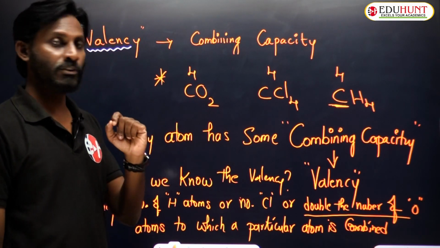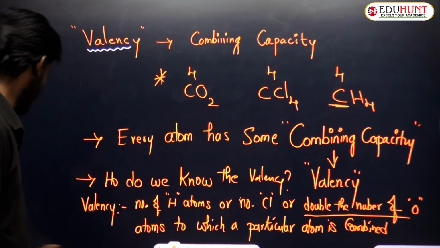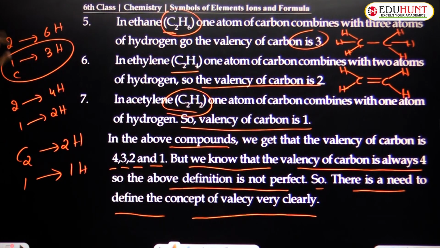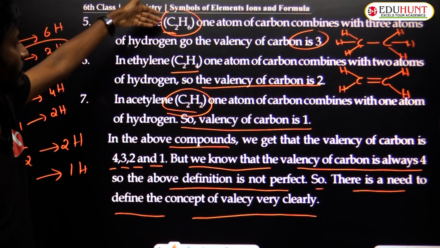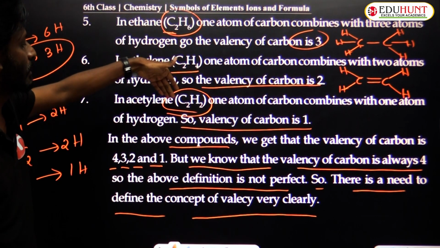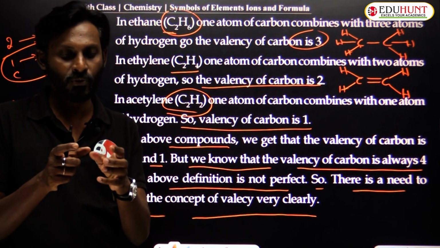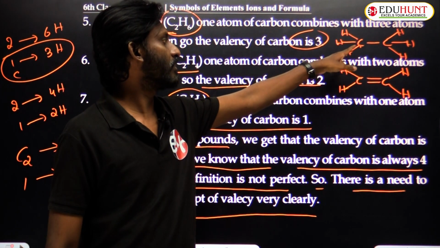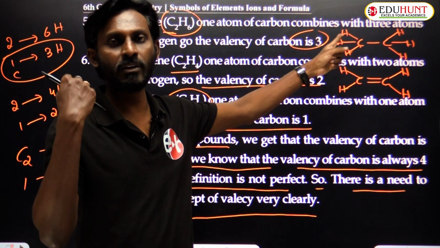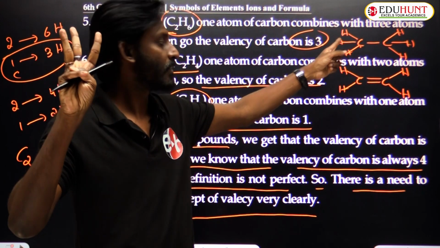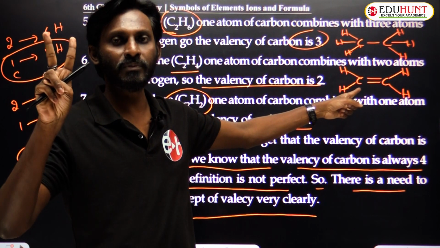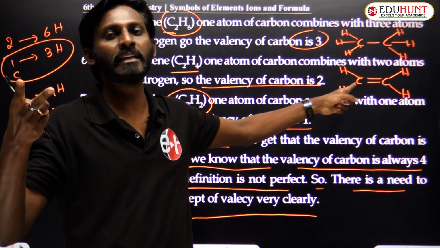Okay, but if you follow this rule strictly, in these examples, C2H4, C2H6 and C2H2, we followed the rule strictly. Here carbon combined with 3 hydrogen, then we have given the combining capacity value 3, valency 3. And if the carbon combines with 2 hydrogen, we have given combining capacity 2.